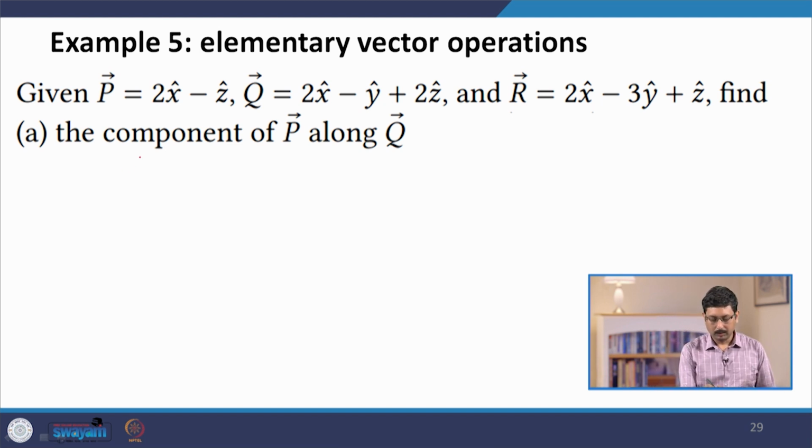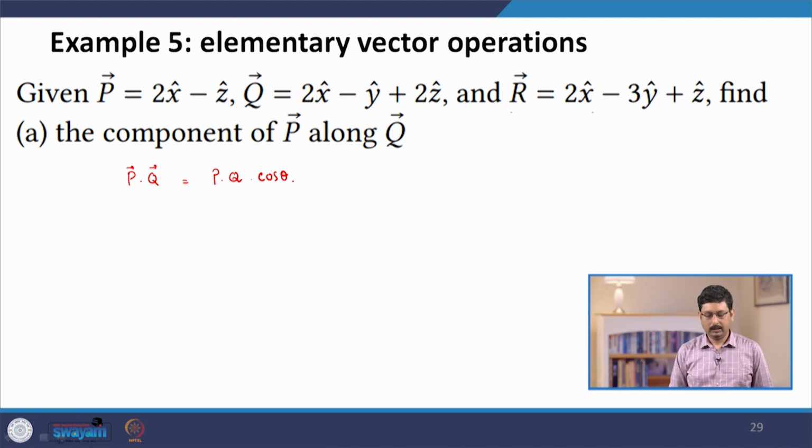So, we want to calculate the dot product between p and q. This will give me p times q times cos theta. So, the projection of p along q is p cos theta.